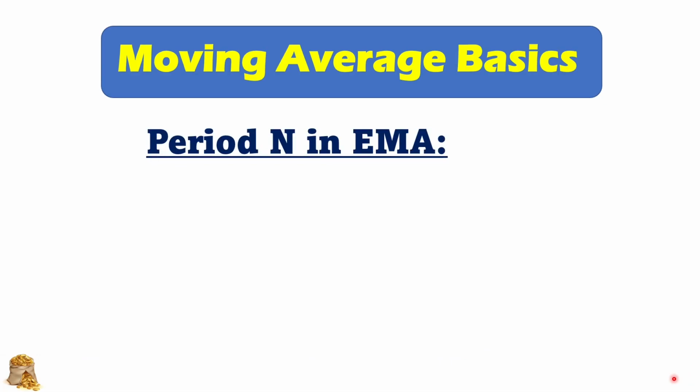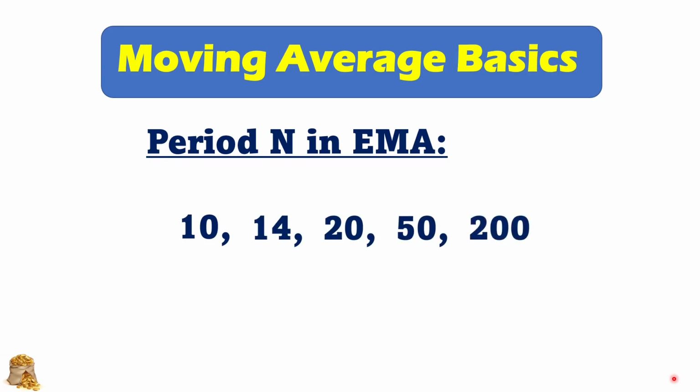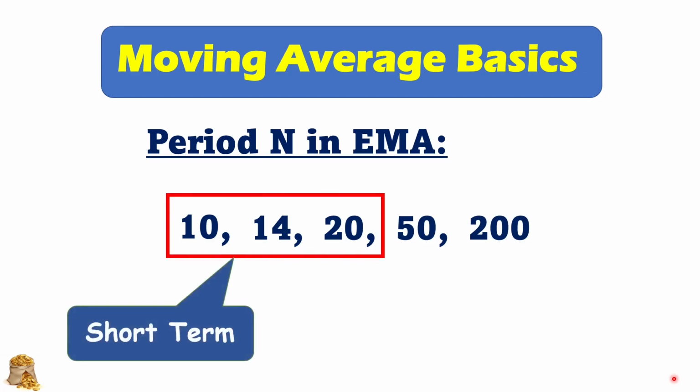For the number n in EMA, mostly there are some numbers that are used frequently, like 10, 14, 20, 50, and 200. So for 10, 14, and 20, most of the time they are for the short-term trending, like in the lower time frame chart, 5 minutes, 15 minutes, 30 minutes.